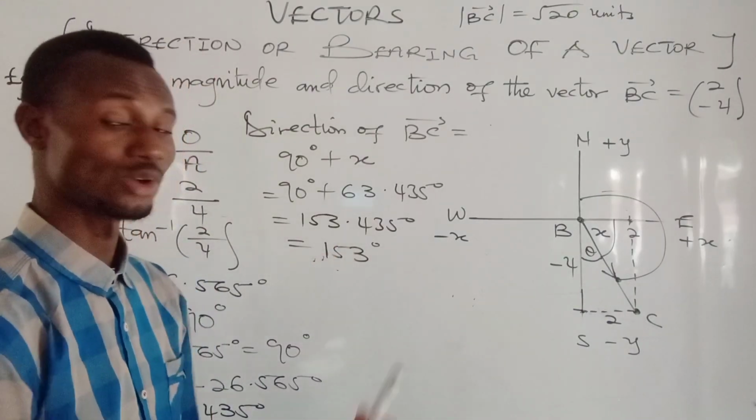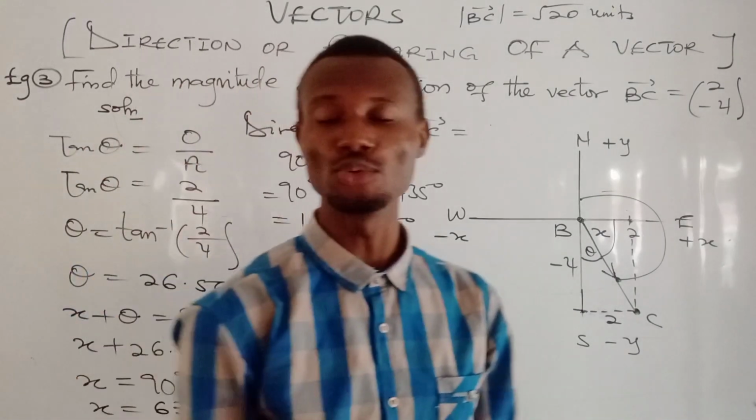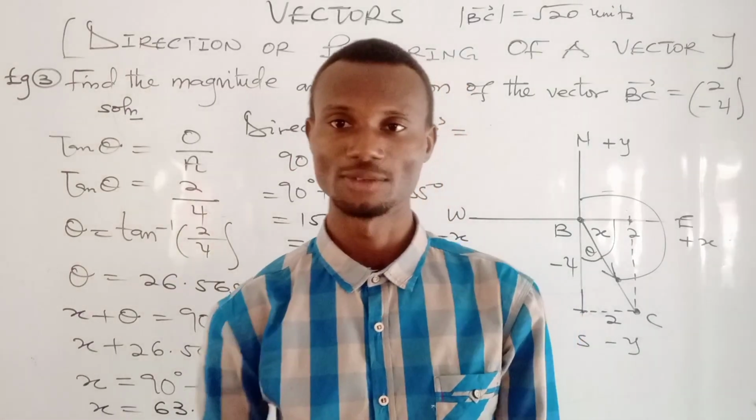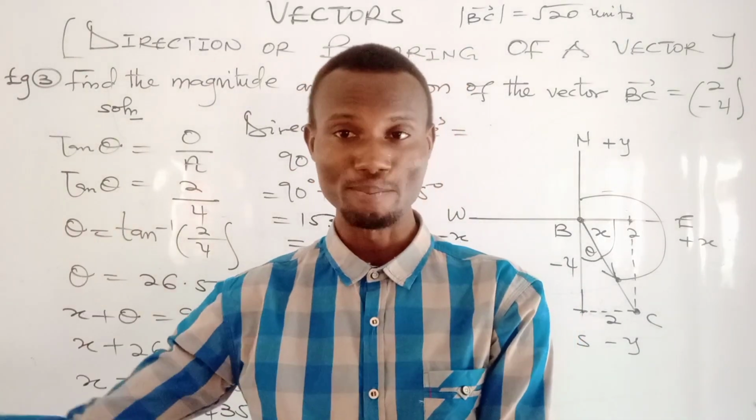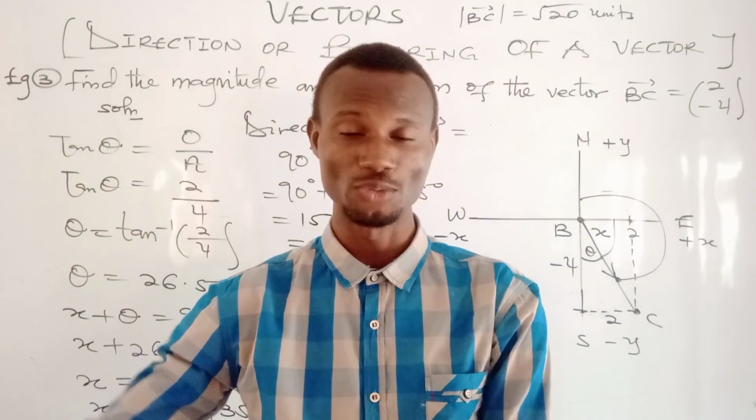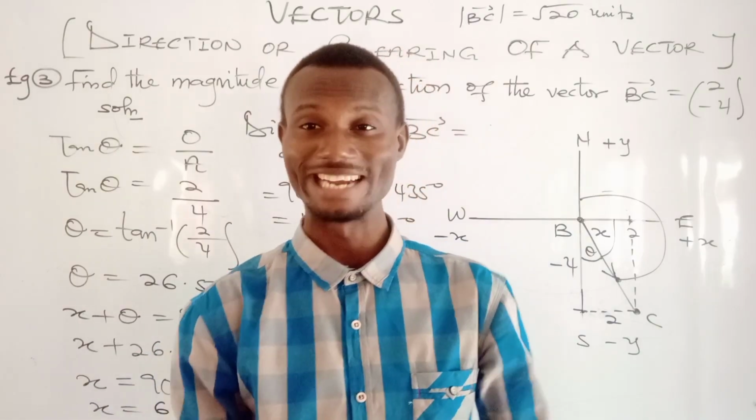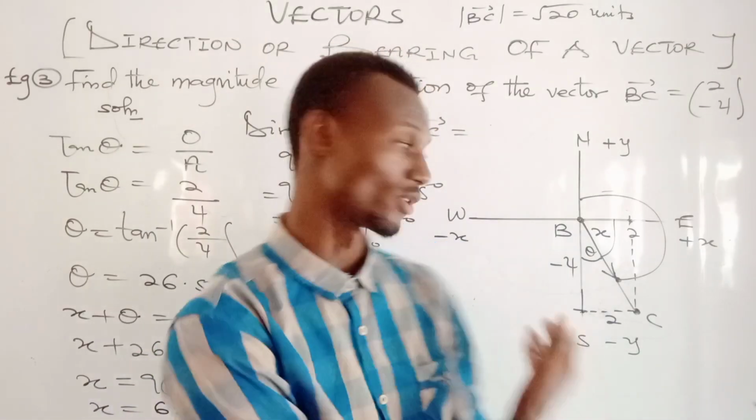So 153 degrees. After you've done this, just put the two in a bracket. The question asks us to find the magnitude of vector BC, which we've done, and also the direction of the vector BC, which we've gotten now.